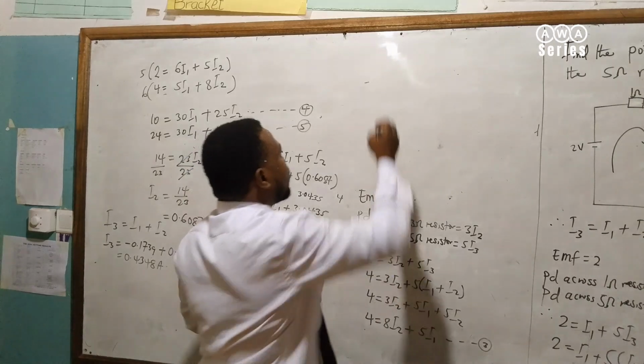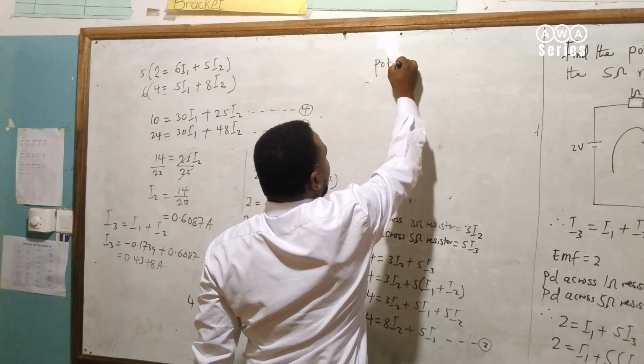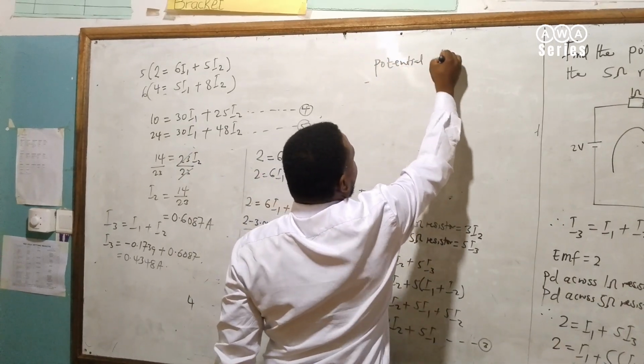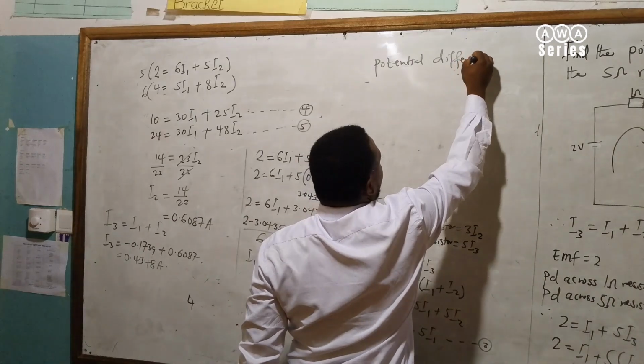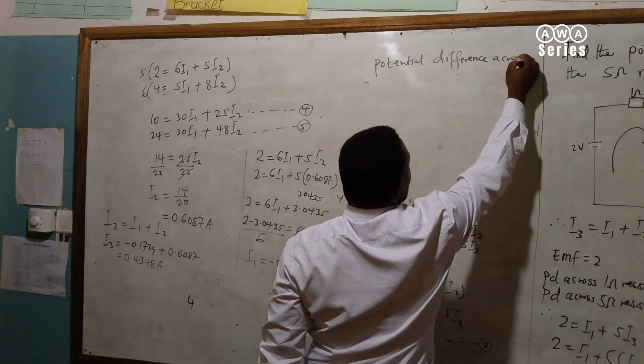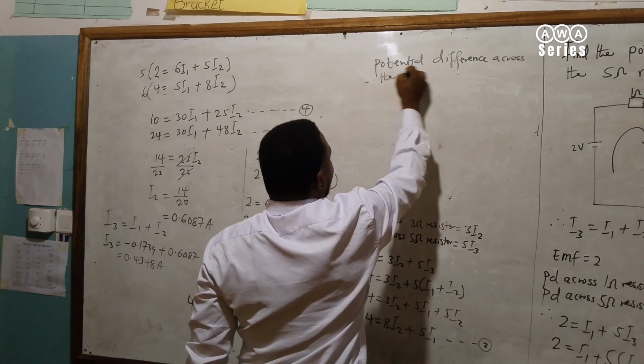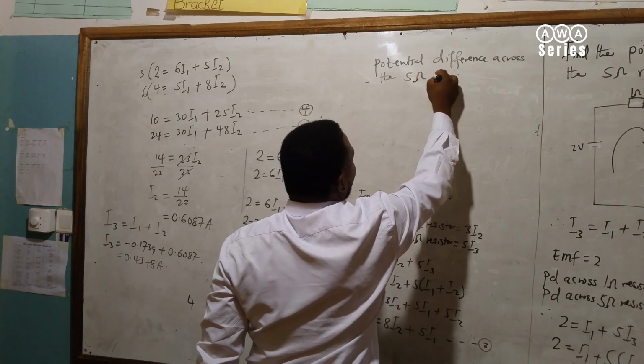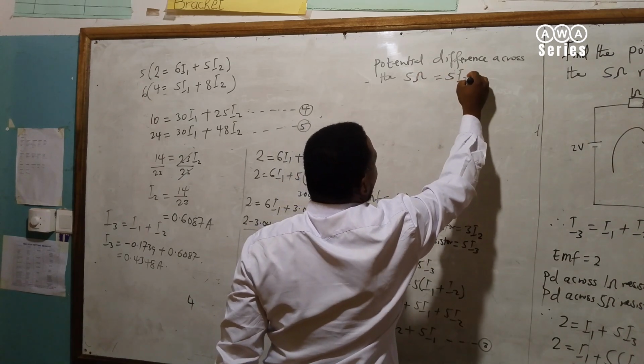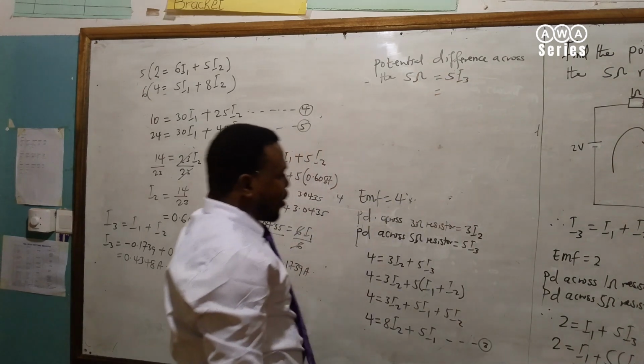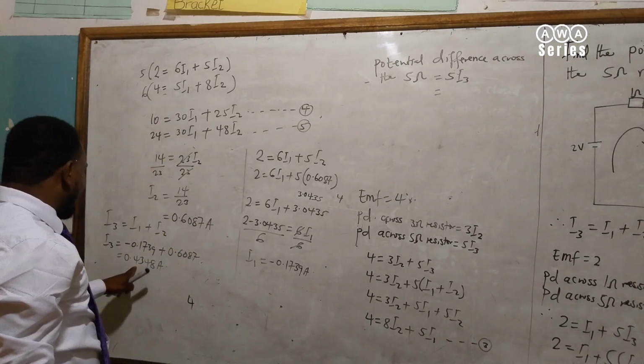And write potential difference across the 5 ohm resistor is equal to 5I3. And this is our I3, 0.4348.